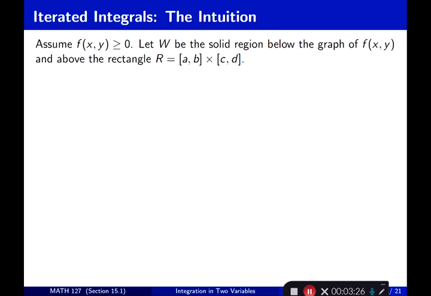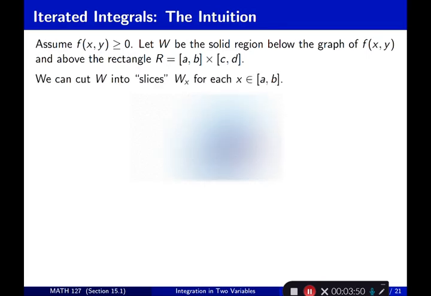Assume f of x and y is bigger than or equal to 0. Again, later on we're still doing it that way, area above minus area under. Let W be the solid region below the graph of f of x and y, and above the rectangle R equal to [a, b] times [c, d].